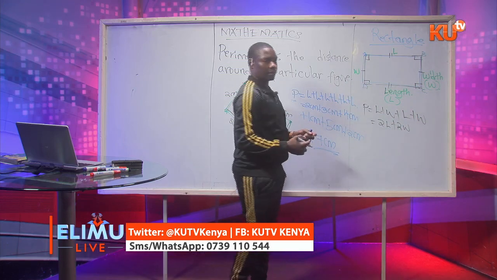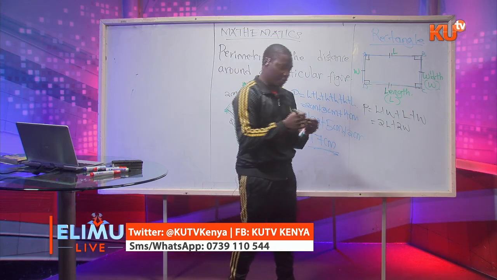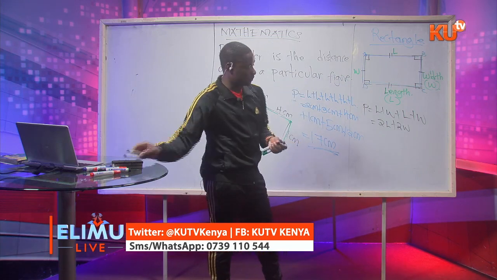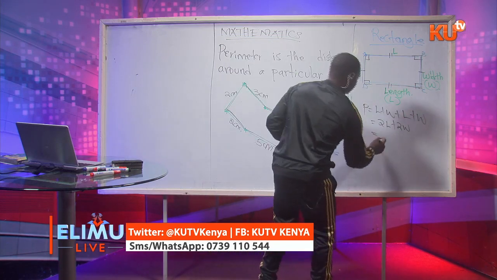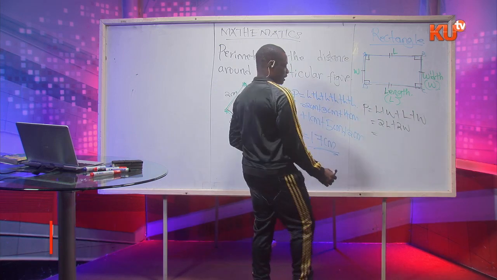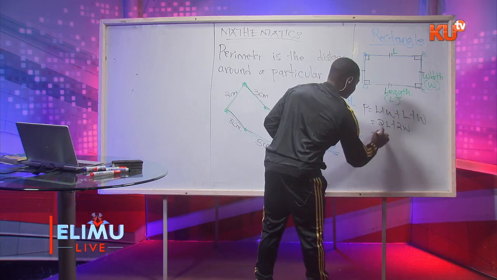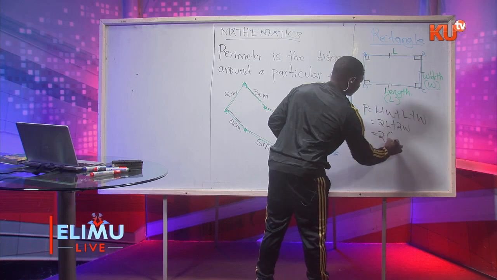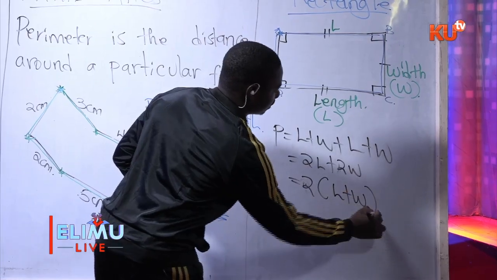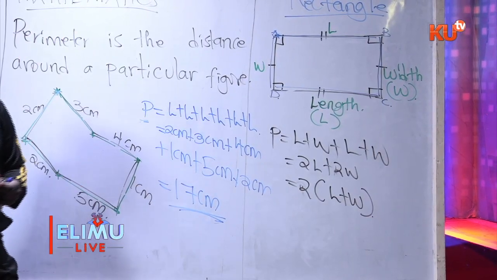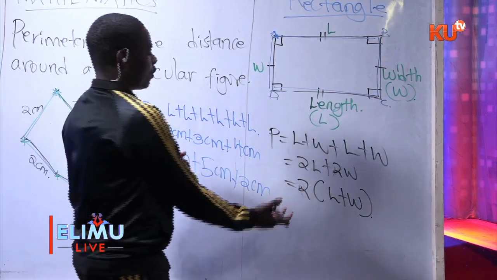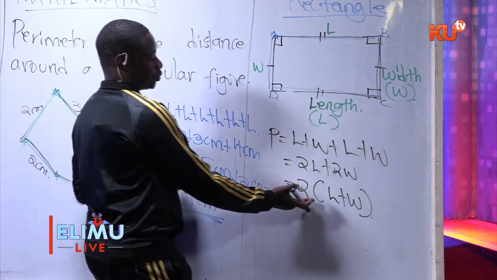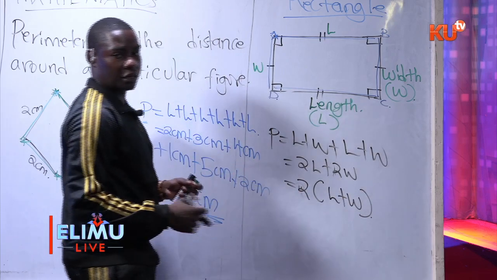From this, we can have a formula that can be used. So instead of writing 2L plus 2W, you say perimeter is equal to 2 into brackets length plus width. So from that, we have come up with a formula whereby perimeter is equal to 2(length plus width).